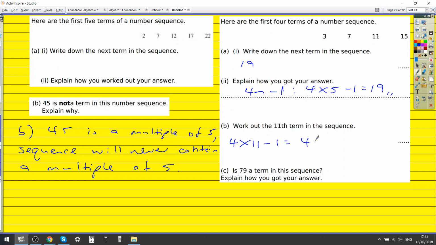Yeah. And then the important one, part C. Is 79 a term in the sequence? Explain how you got your answer.